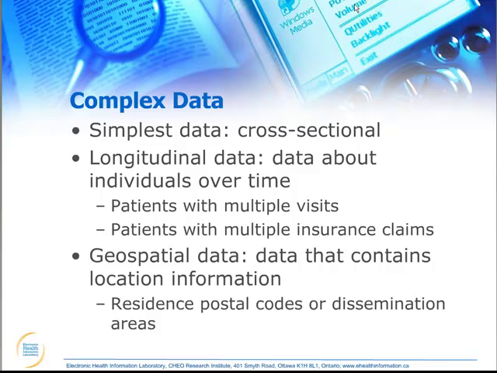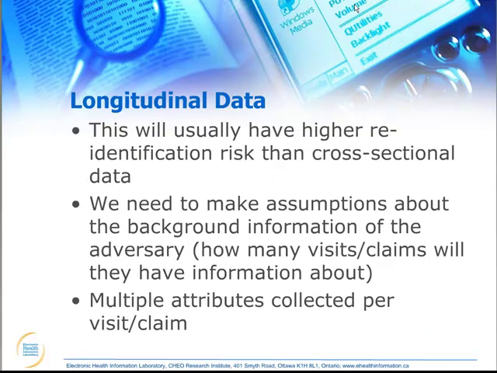As a general statement, longitudinal data will always have or usually have a higher re-identification risk than cross-sectional data. And the basic idea is that you have an adversary who's trying to re-identify the data, and the adversary in a longitudinal data set has more opportunities to, say, the adversary would have background knowledge or background information they would use to identify individuals in the database.